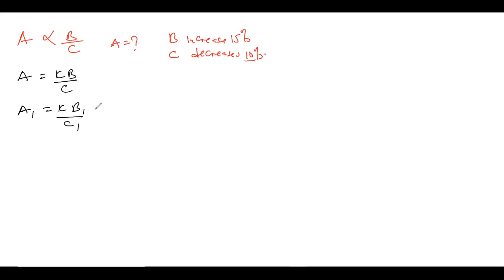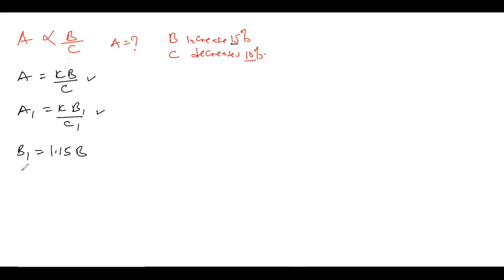Ukishaandika these two relations, this is the original before the change. This is the new one after the change. Now you bring in the values of B and C after the change. So inamaanisha badala ya B tutakuwa na B1 because B changed. And the new B1 becomes 100 plus 15, which is 115 over 100. And that gives you 1.15 of the original B.